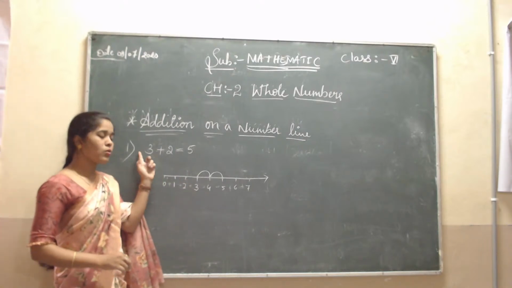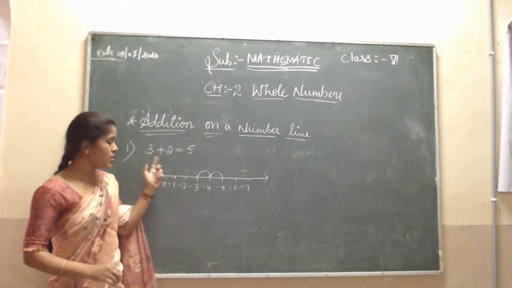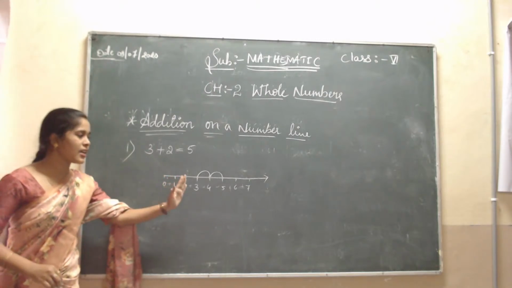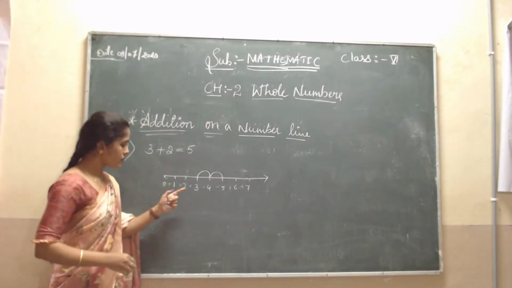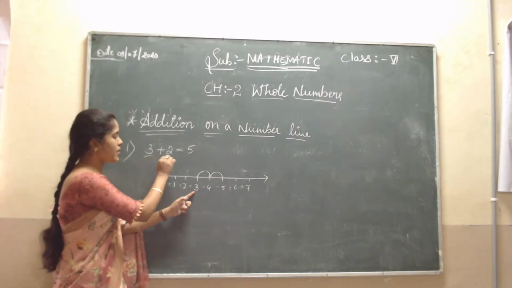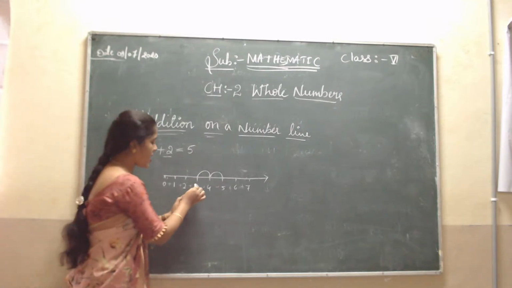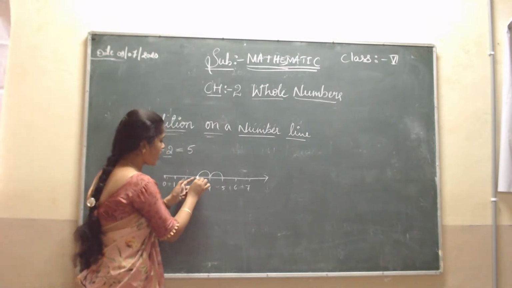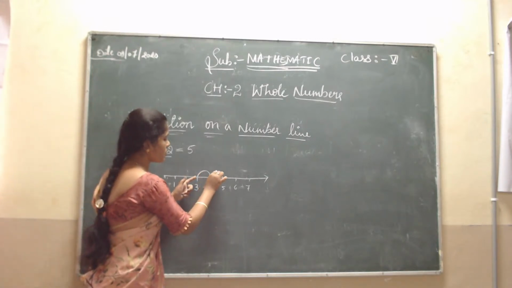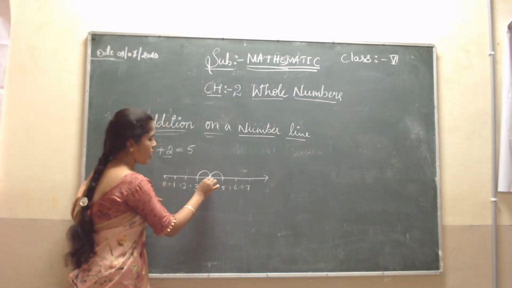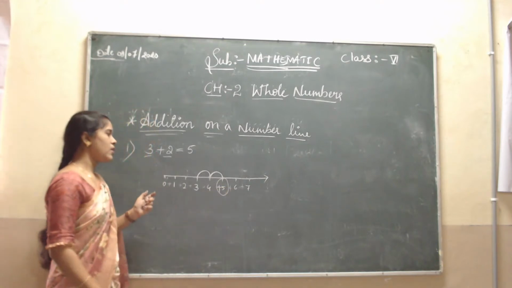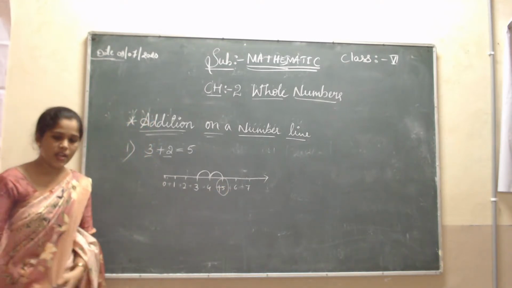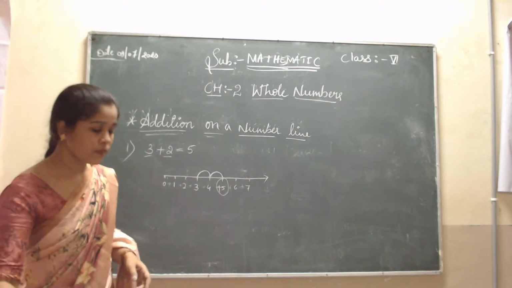These two numbers are positive, so we take the right side of the number line. We start from 3 and go 2 steps. One step to 4 and another step to 5. The answer is plus 5. 3 plus 2 is 5. Understood? Next.